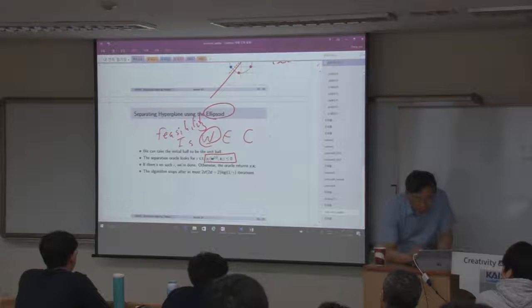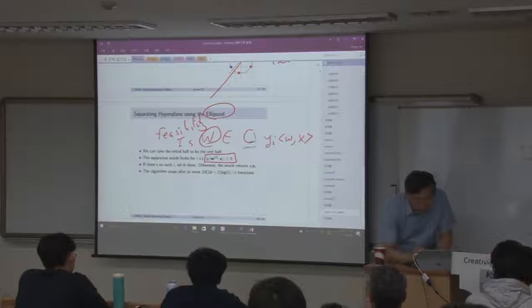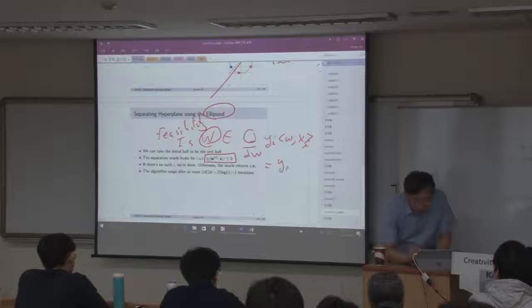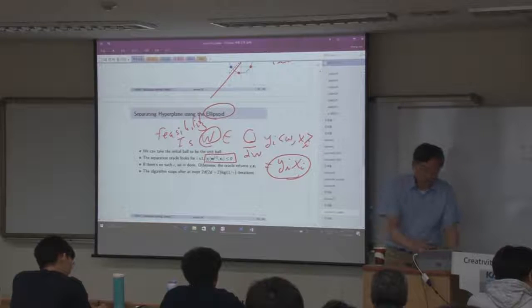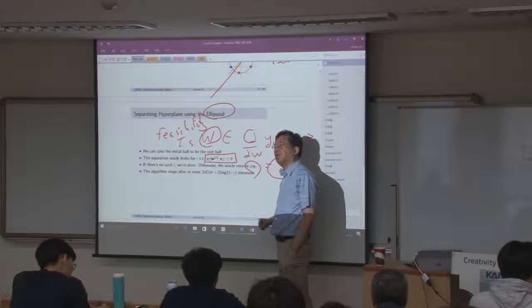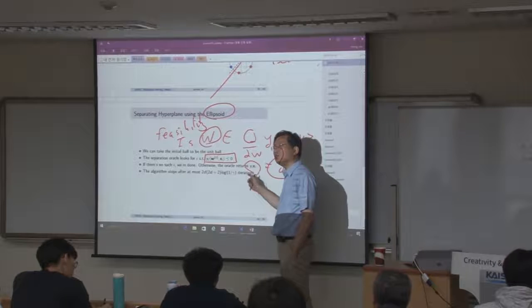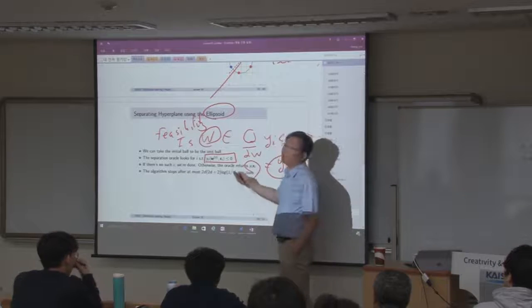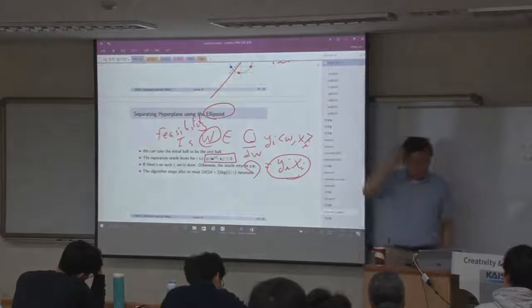So what is our function? I take the derivative of that. What do you get? y(i)x(i). That's what it returns for incorrectly classified data. And this is the new V.